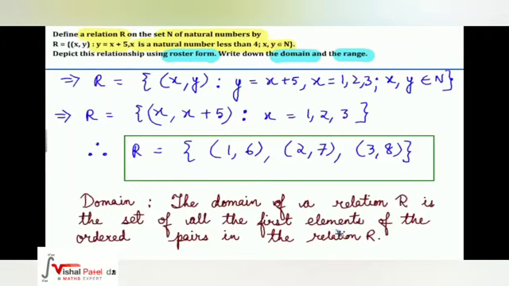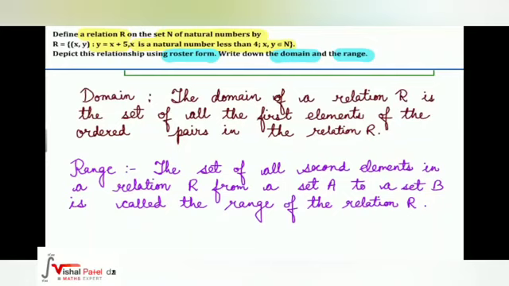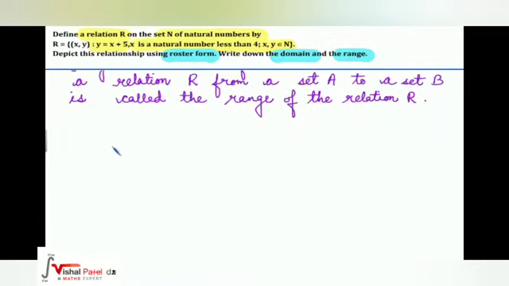So recall the definition of the domain. The domain of a relation R is the set of all the first elements of the ordered pairs in the relation R. And range, the set of all second elements in a relation R from a set A to set B, is called the range of the relation R. So the domain of this relation is equal to 1, 2 and 3.